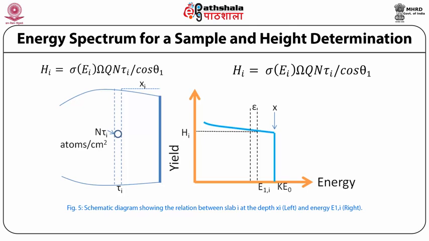The total number of particles detected in channel I, Hi, is equal to sigma of Ei, omega q n tau I divided by cos theta 1.